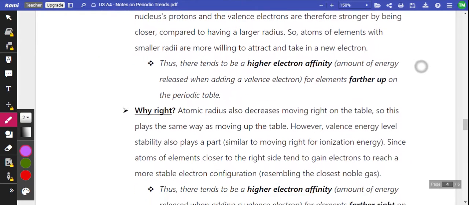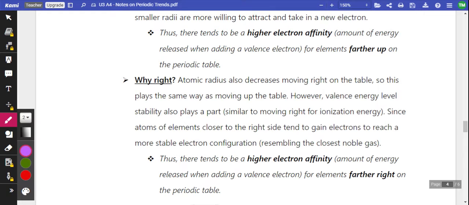Why right? Well, atomic radius still plays a part, but if you want to take it from another angle, you can also think of how things make ions and how they tend to gain or lose electrons. Over on the left side of the periodic table, we have stuff trying to lose electrons to get back to a previous noble gas's electron configuration to become stable.